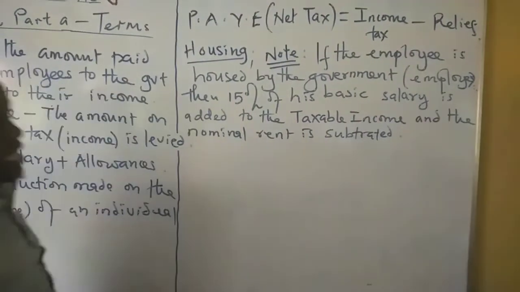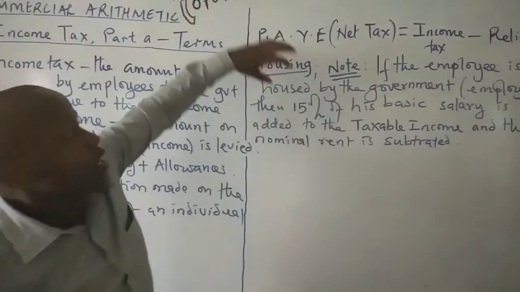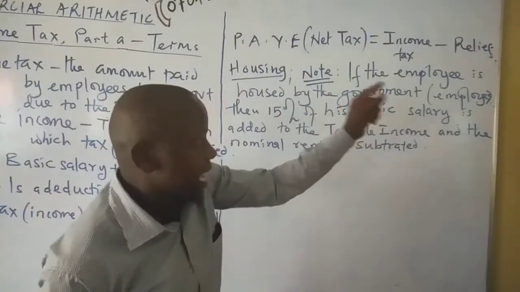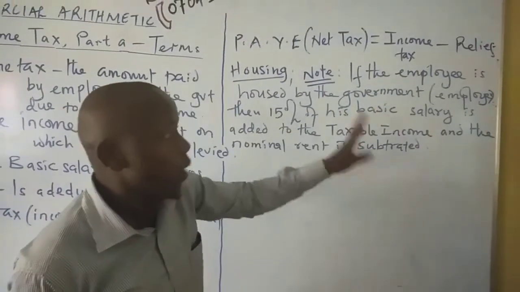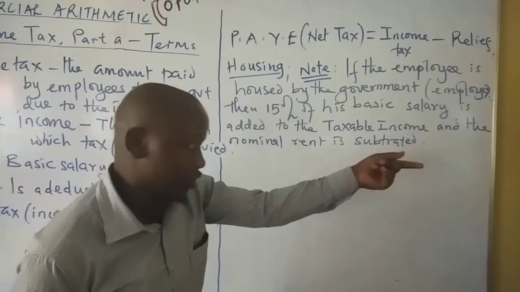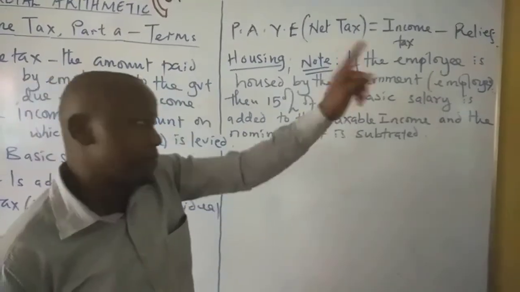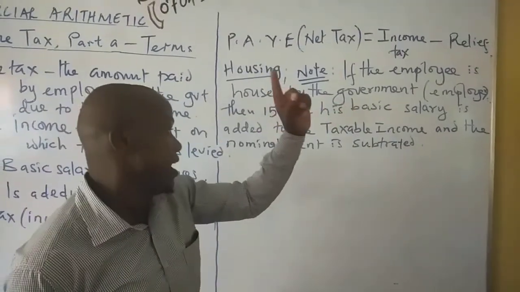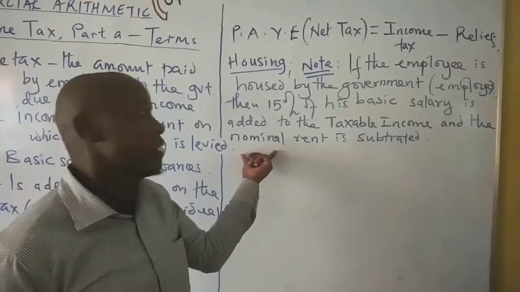Therefore, in this case, whereby the employee is housed by the employer, whether government or any other organization, we say that 15% of the basic salary is added to the taxable income for taxation, then nominal rent is subtracted.